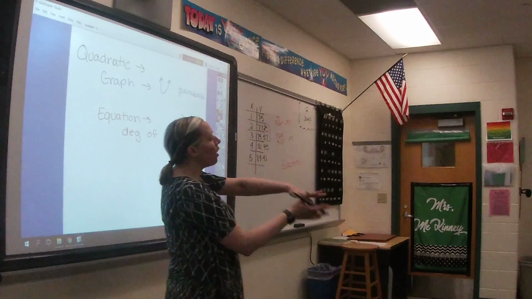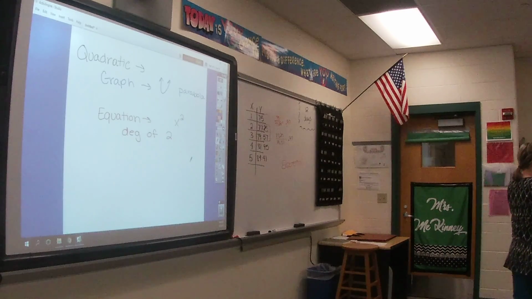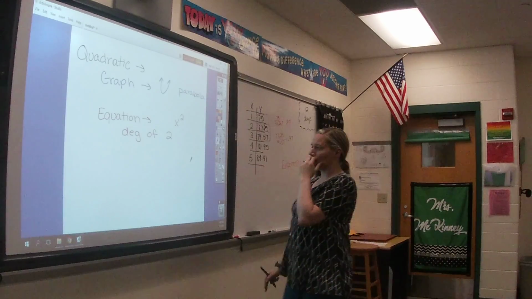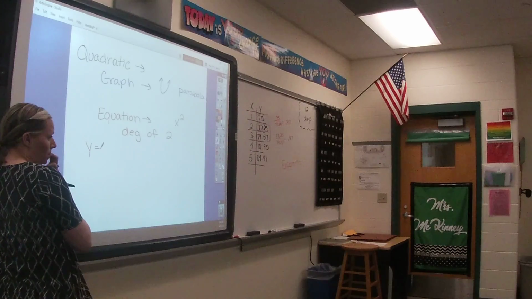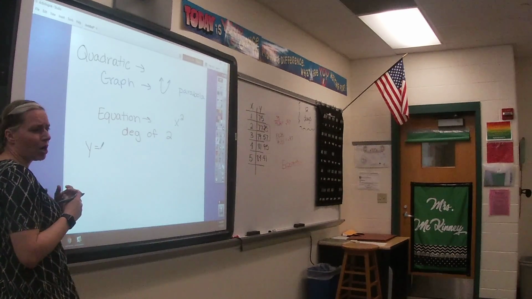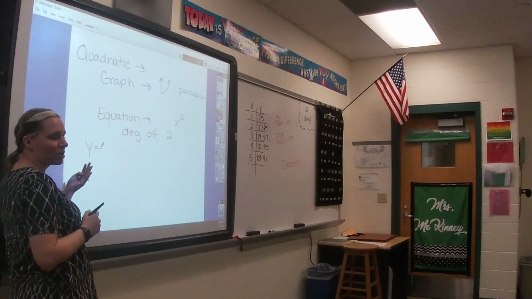Factoring. We can factor to solve, but what were the two forms we talked about them looking like to be able to graph with? No, you're talking about ways to solve right now. y equals mx plus b is something that looks like a linear.